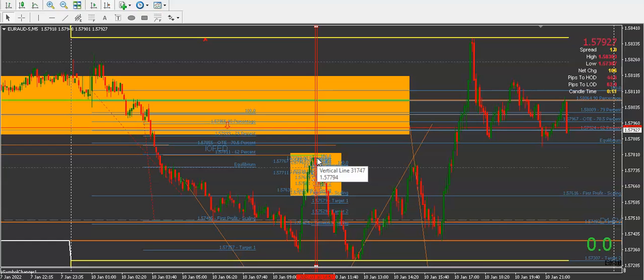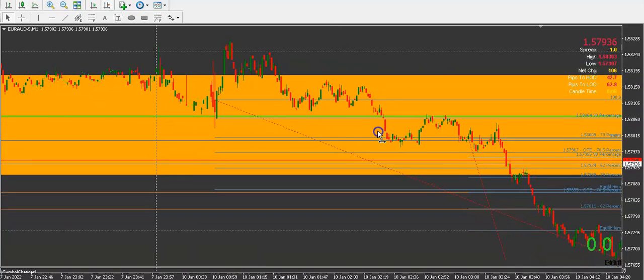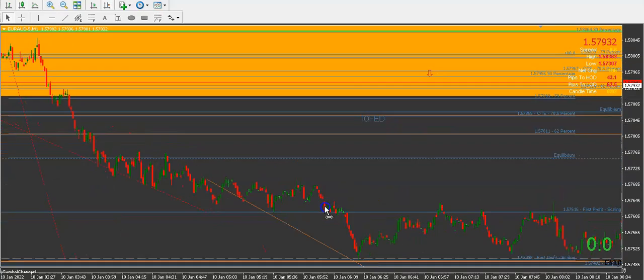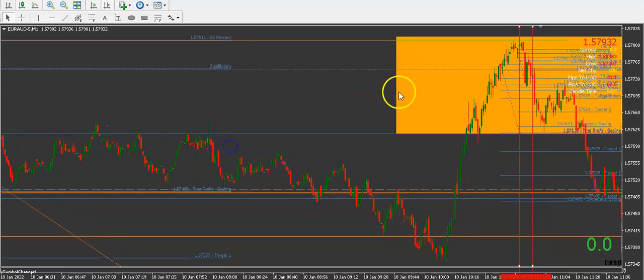The pullback runs into a PD array. Right there, that's the PD array you see. The price came back up, creating a PD array right here.